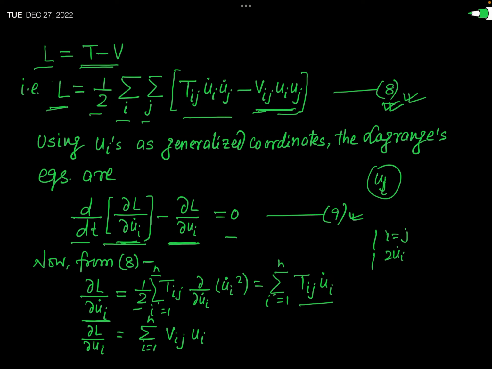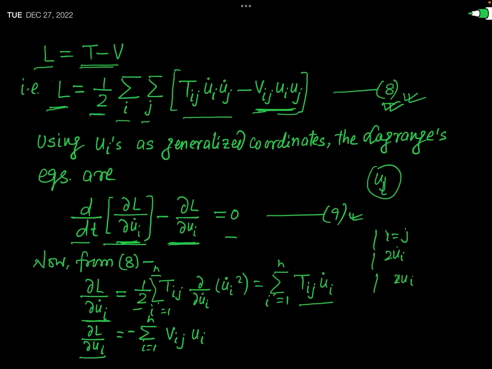Now, we will find del L by del ui. Only the second term contributes here. The derivative of the first term will be 0, and that of the second term, since there is ui times uj, that will be written as ui squared, and when ui squared is differentiated, that will be 2 ui, and this 2 and this 2 will cancel out.